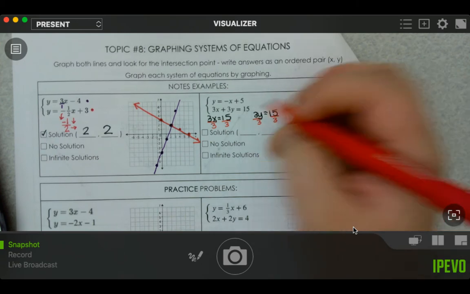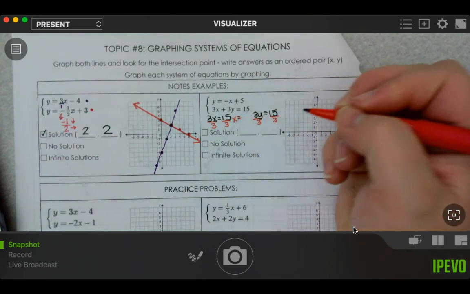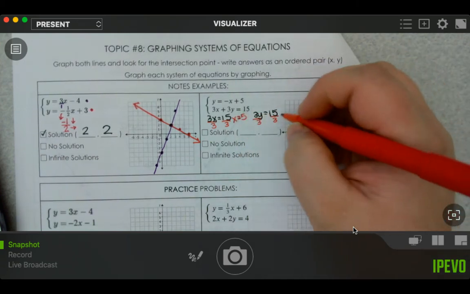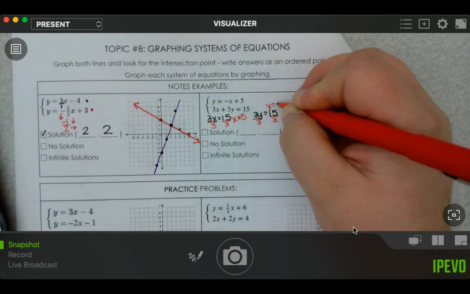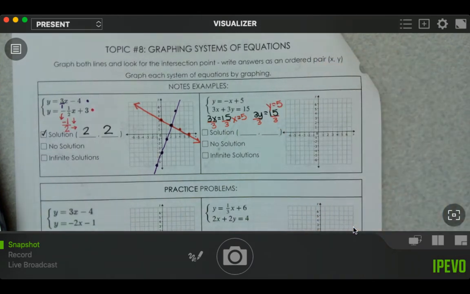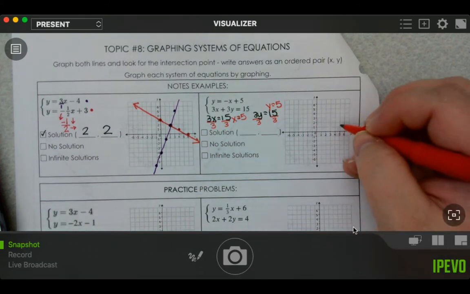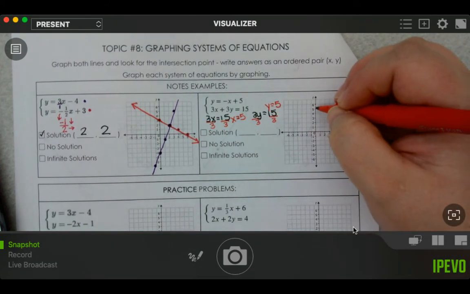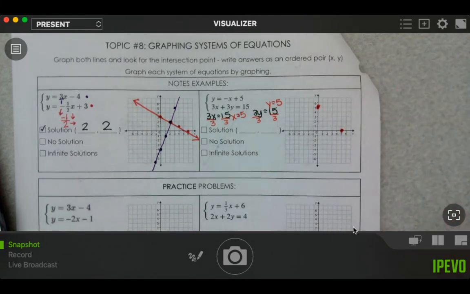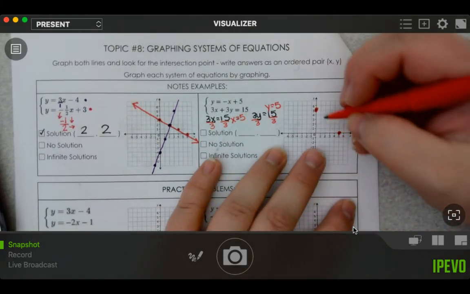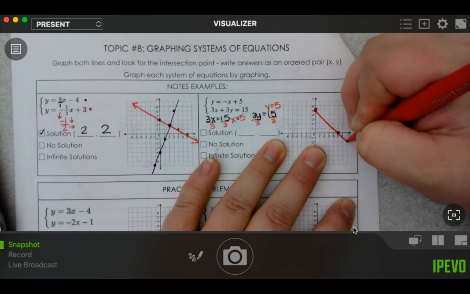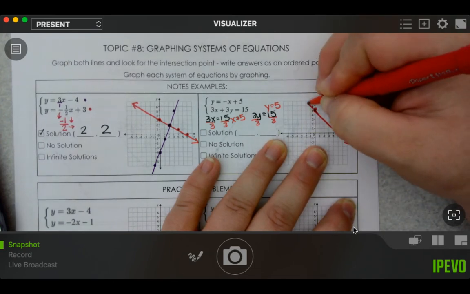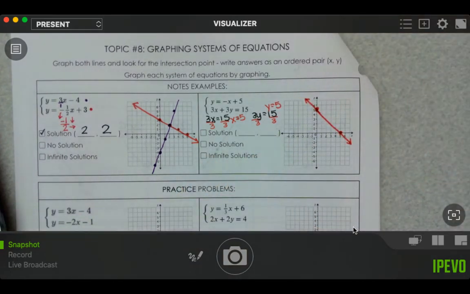And we get x equals 15 divided by 3 is 5, and y equals 5, because it's also 15 divided by 3. So then I go to where x is 5 and to where y is 5, and I put 2 points there, and then I'm going to connect them with a straight line, or at least as straight of a line as I can get. Okay?